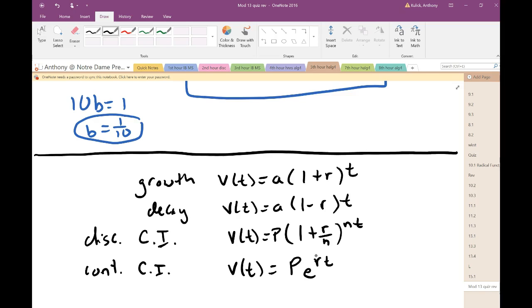So you'd certainly, in addition to remembering what these models were, you'd also want to remember what the letters represent.